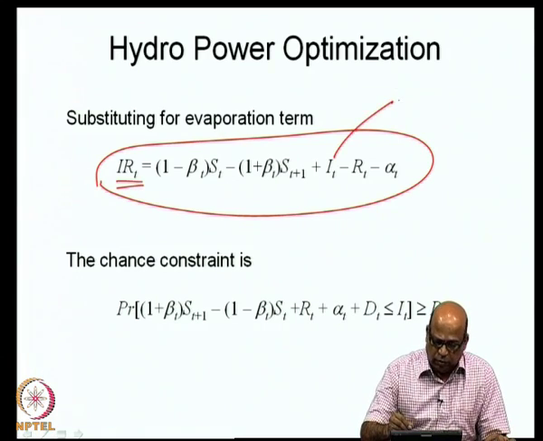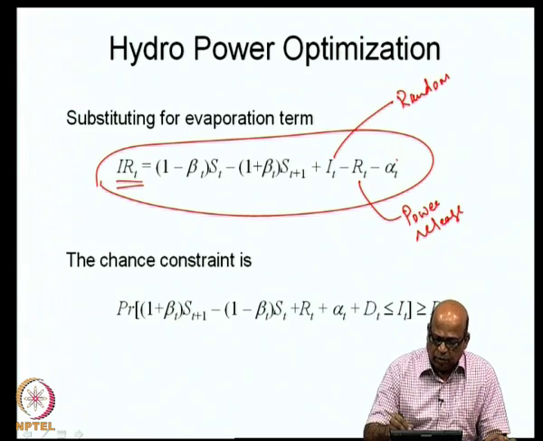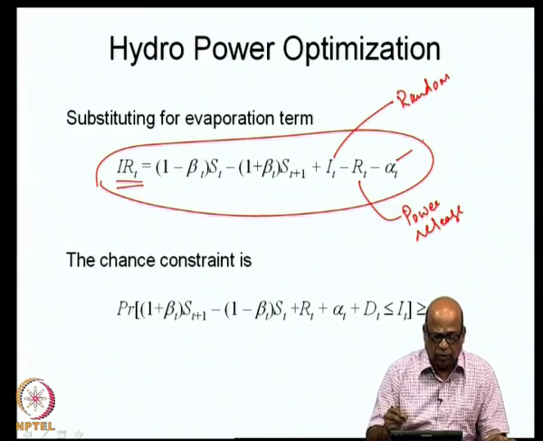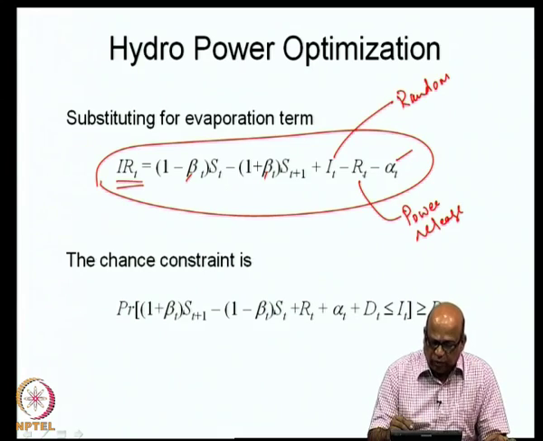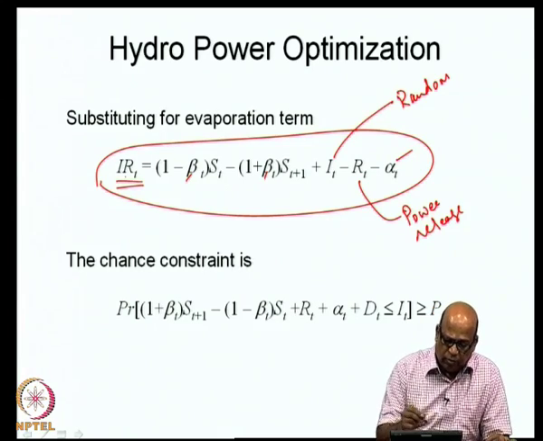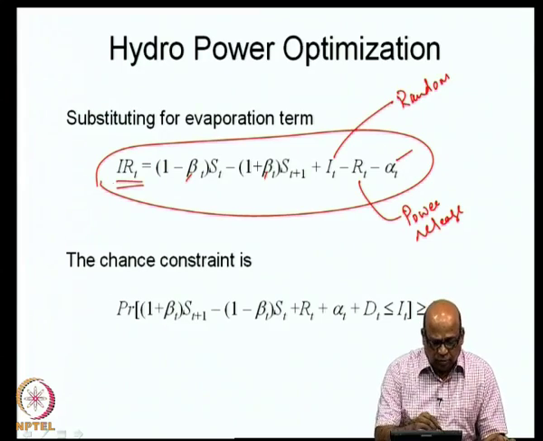This is the inflow which is random, and Rt is the power release, and again alpha t comes from the evaporation equation. Now, alpha t is known, beta t is known, St and St plus 1 are decision variables, Rt is a decision variable, IRt is a decision variable, It is a random input. So, this is what you get here.